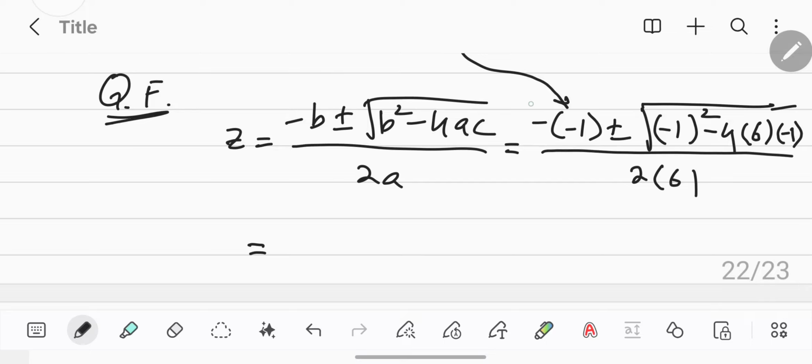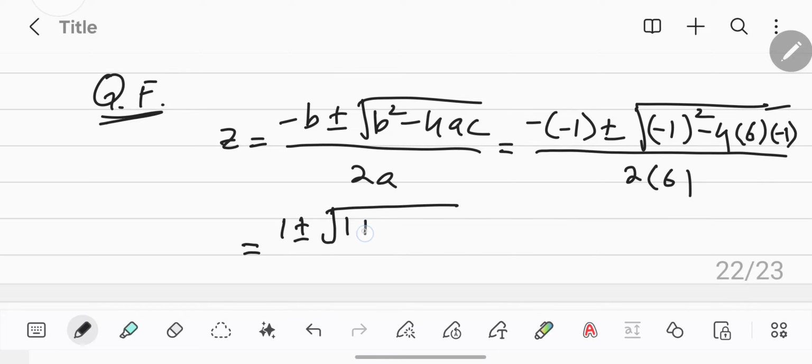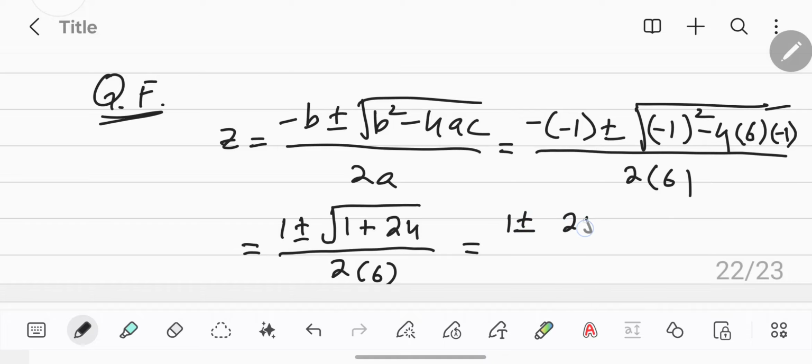Now using a calculator you can check. This minus and this minus is plus, so I will write plus 1, plus and minus square root of 1. Now this minus and this minus will become plus, so I will write plus 4 times 6, which is 24, divided by 2 times 6, which is equal to 1 plus minus square root of 25 divided by 12.